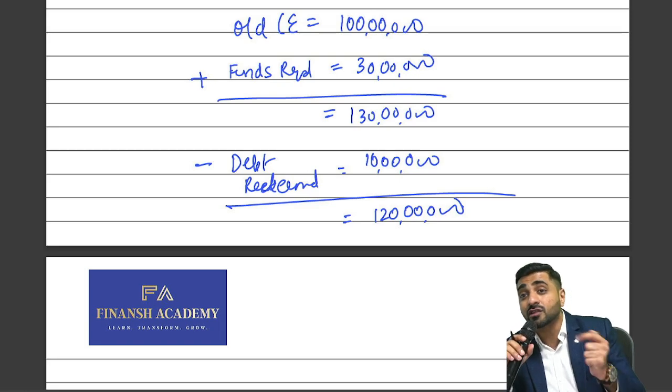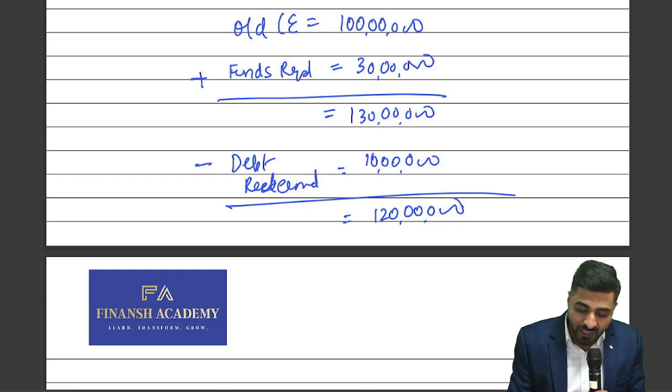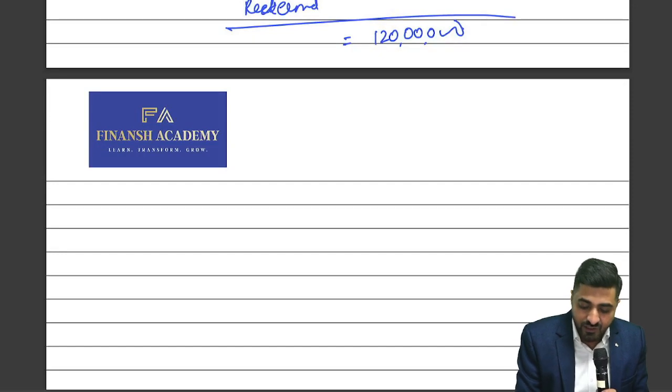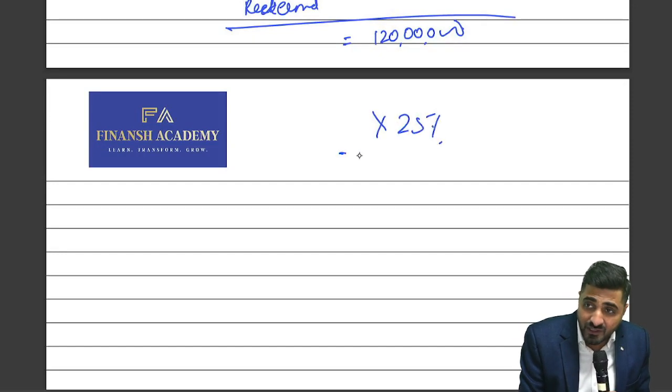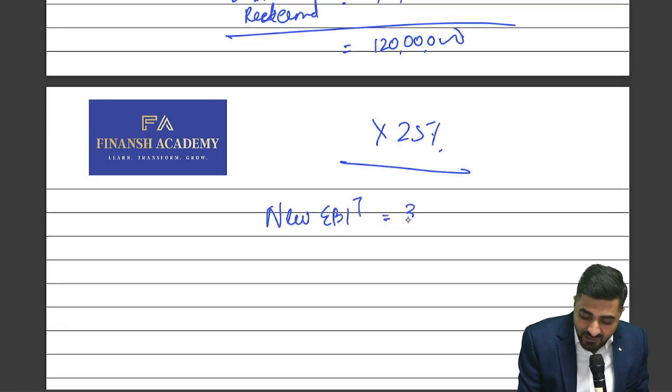But out of that 1 crore 30 lakhs, can I say that we are paying off the debentures? How much debentures are we paying? 10 lakhs. So what is the new capital employed? On 1 crore 20 lakhs, now will you be earning the old rate or new rate of return? And new rate of return is what, beta? 25%. So if I multiply this by 25%, will I get the new EBIT? How much is that? 30 lakhs.